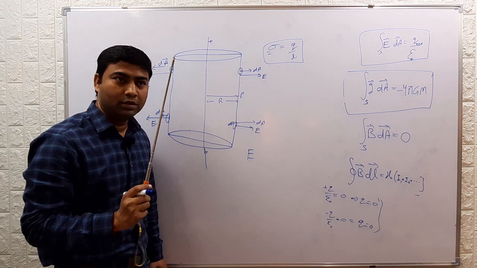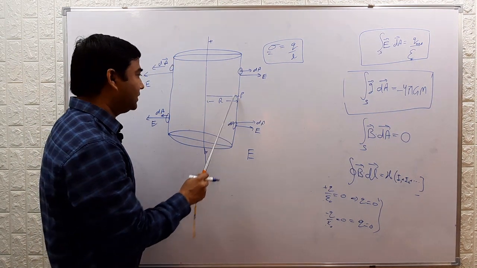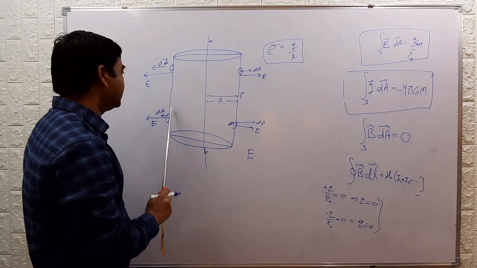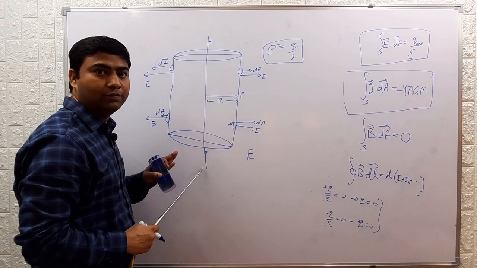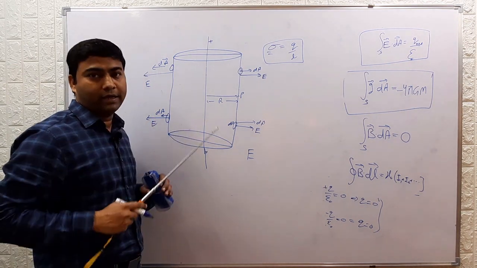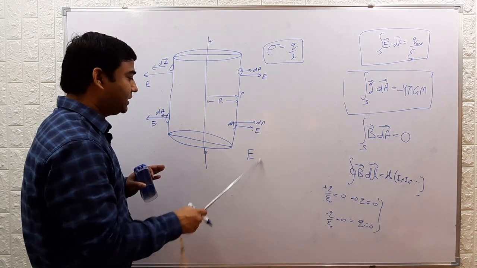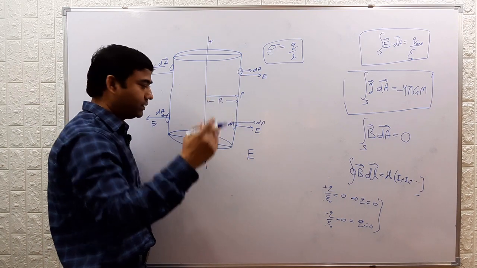We have used the method of symmetry. At all points the electric field is the same because they are symmetric relative to the axis, which is also the position of the charged wire. The electric field is radially outward, as we know by Coulomb's law.